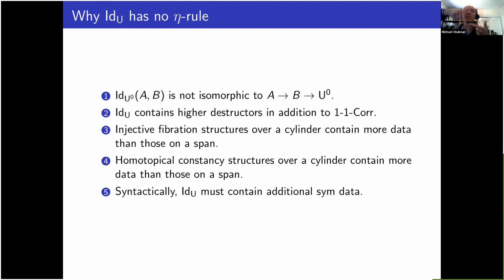And if you look at what is a square in the universe, if the universe did have an eta law, then the squares in the universe would not be definitionally symmetric.